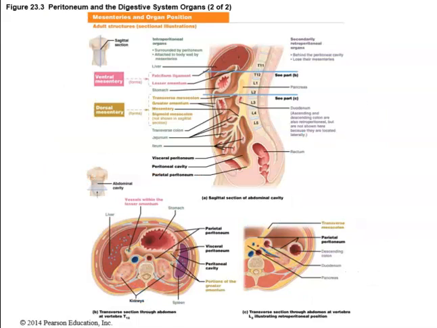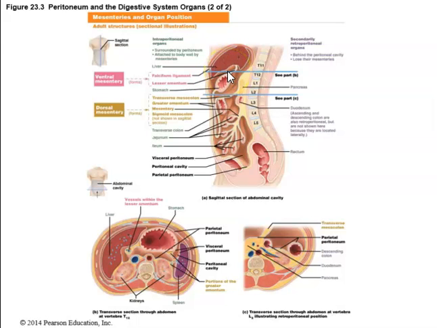So this slide just shows you the remnants of the ventral and dorsal mesenteries and what they become in adult structures. So for example, the ventral mesentery will eventually form the falciform ligament of the liver, as well as the lesser omentum here that has a connection with the liver and then part of the stomach.